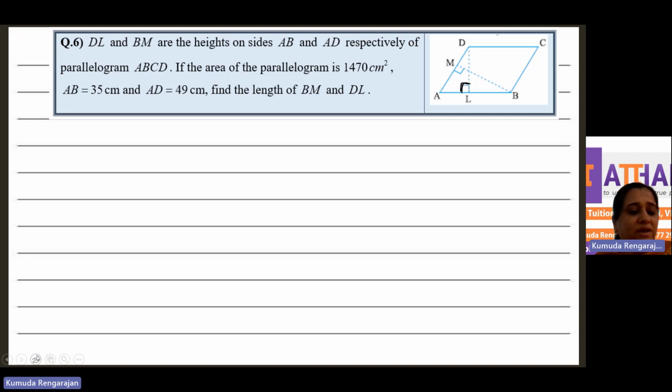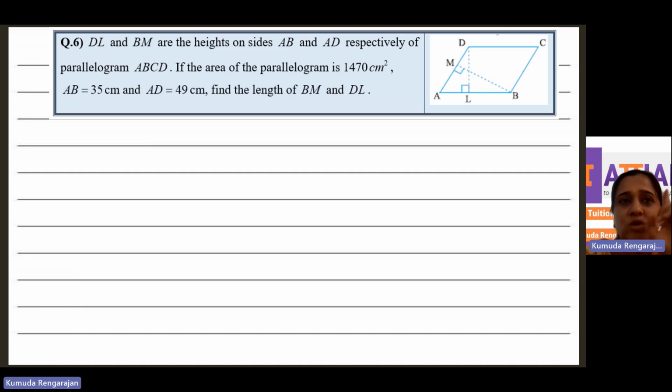Now Navneet, identify another altitude in this figure and tell me on which side the altitude lands. First, name the altitude. BM, or it's also called MB. BM is the other altitude which you can see in this figure. Where does the altitude BM land?